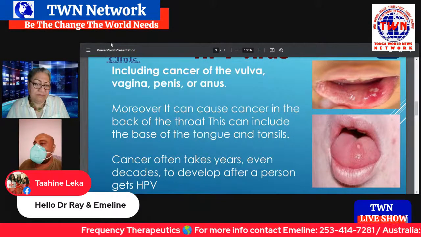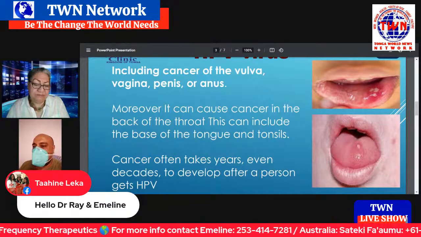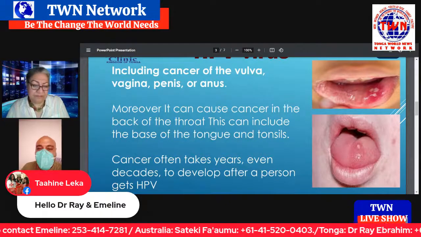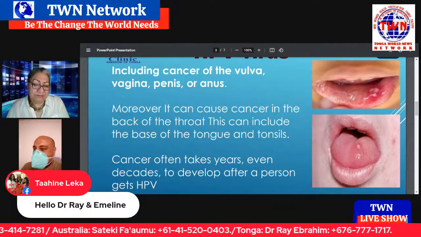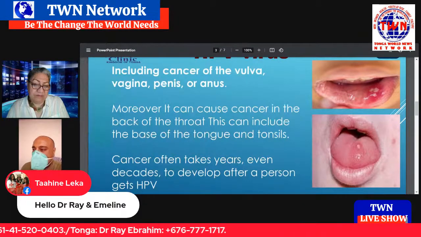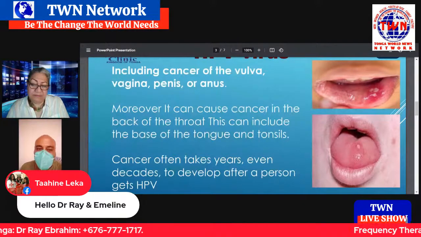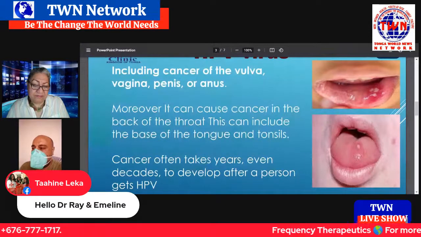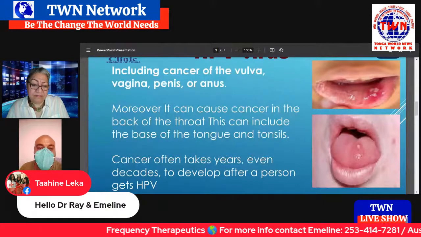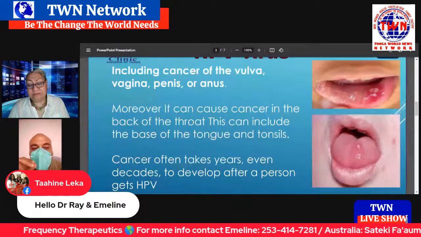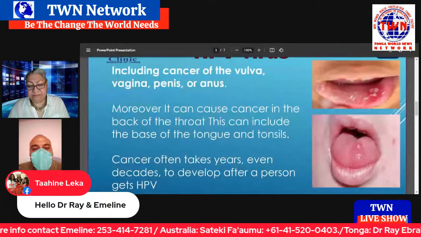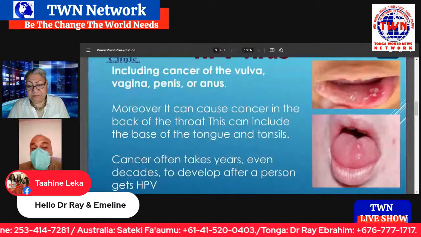So we have here on the third page, some of these people thought it was mouth ulcers or tongue ulcers, but actually it's not. This is a type of HPV. This type of infection can stay for years inside your body, and in fact the immune system is not fighting it. The immune system starts to fight and then it disappears, but it is still in your body.